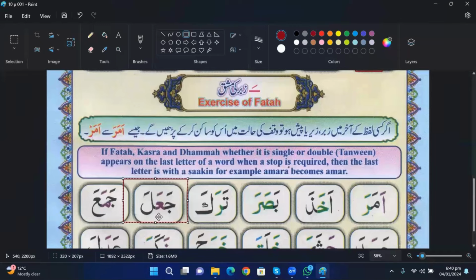Ra Dhamma ru, Sin Dhamma su, rusu, Lam Dhamma lu, rusulu. So Ra will be read with full mouth, Sin is a whistle, and Lam Dhamma lu, it will become rusulu. In the same way, after practicing from your page, you can do it on your Paint as well.